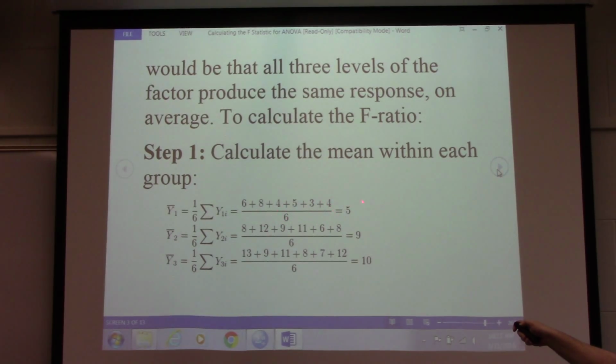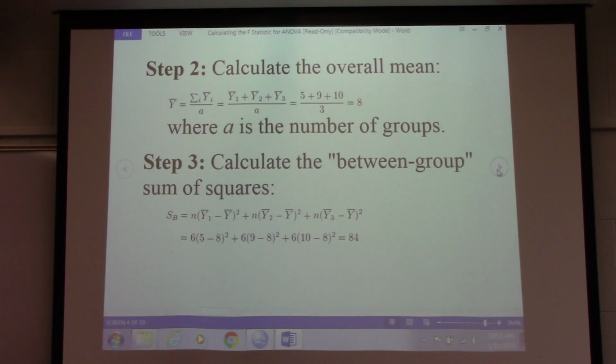So the average growth within that particular fertilizer was 5 inches. Fertilizer 2 had those 6 observations for an average growth within it of 9. Fertilizer 3, those 6 observations for an average growth of 10 inches. So that's the mean within, keyword, within each fertilizer type.